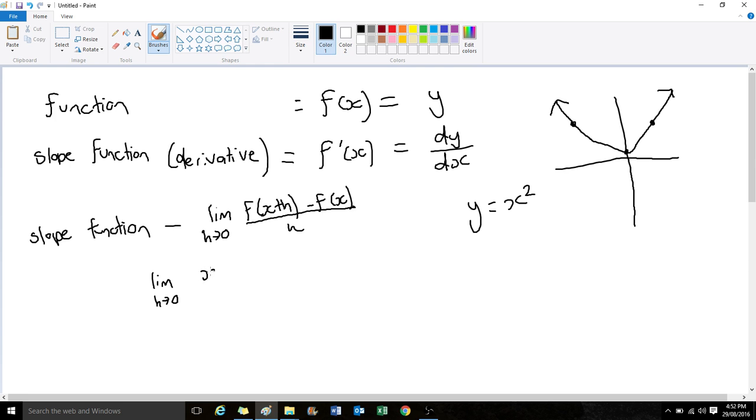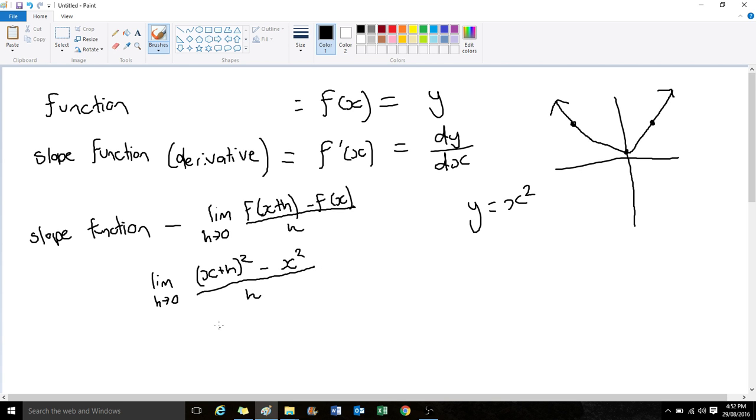We have x plus h squared. This is this part here: we've got the function of x plus h, where we've put x plus h everywhere there's an x. Then we just need to take away f(x), and of course f(x) is just x squared, and all this is over h.